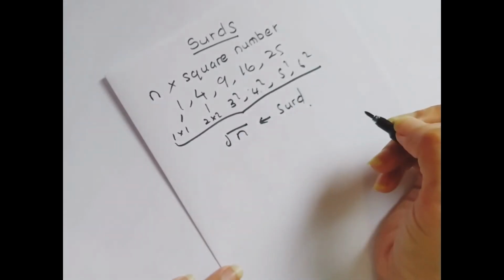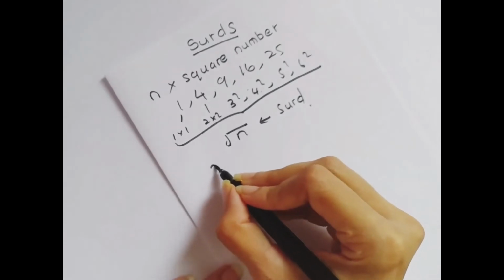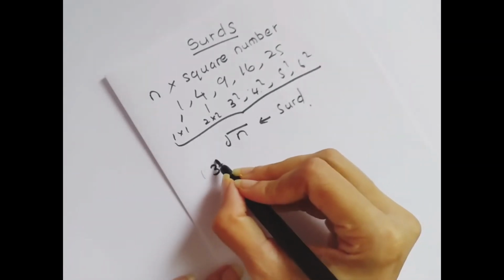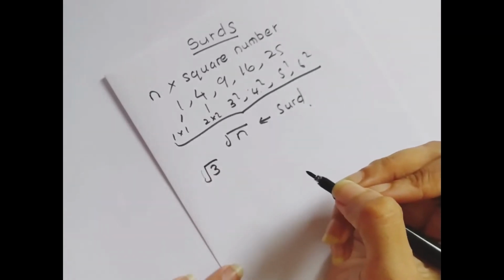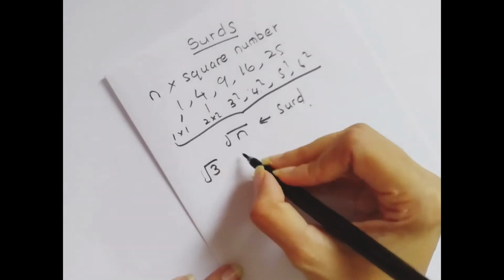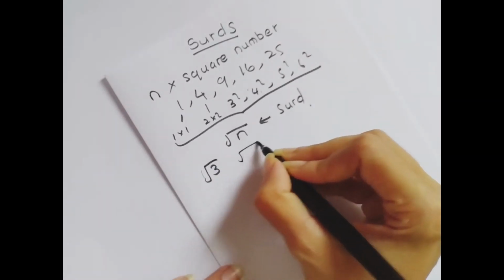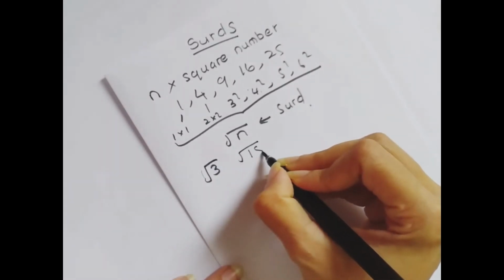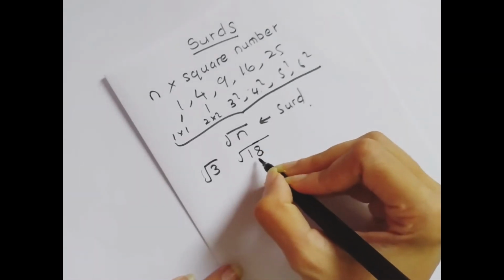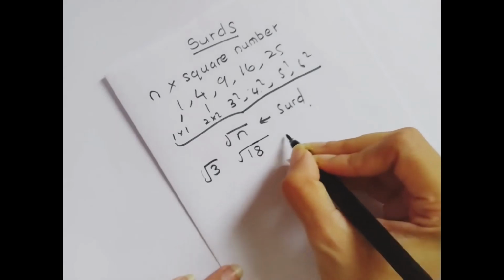Now I'll take an example. Let's take 3. 3 is not a square number. And if I consider root 3, any multiplication of root 3, for example, root 3 into 6, root 18. Now you might say, 18 is 9 into 2, right?